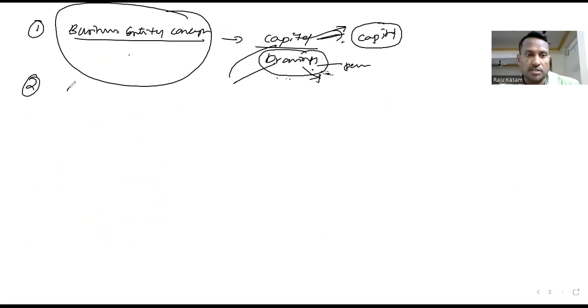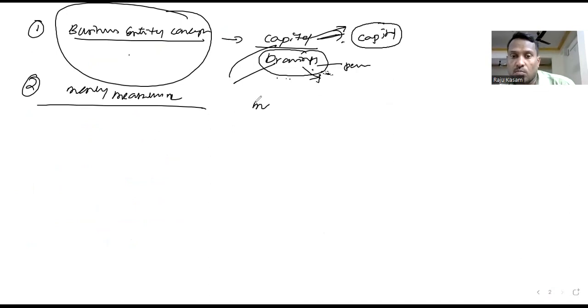Money measurement concept means, while the transactions are recorded in accountancy books, every transaction, every event should be measured in money, in monetary terms. Every transaction of the business should be recorded in accountancy books in monetary terms.